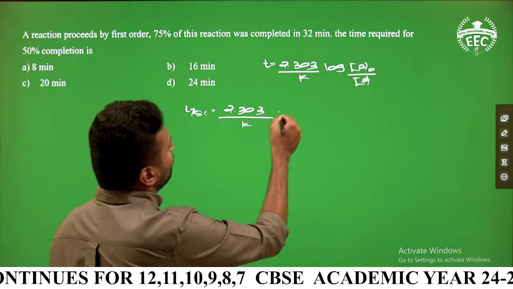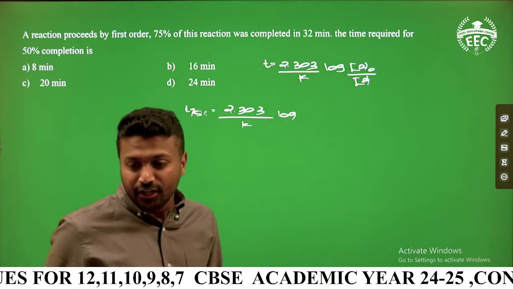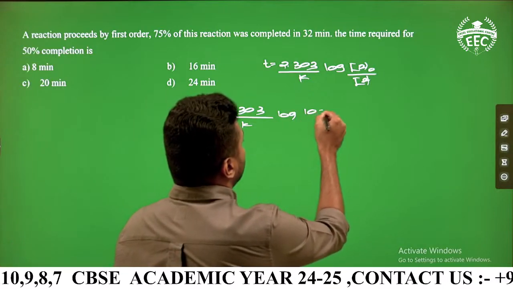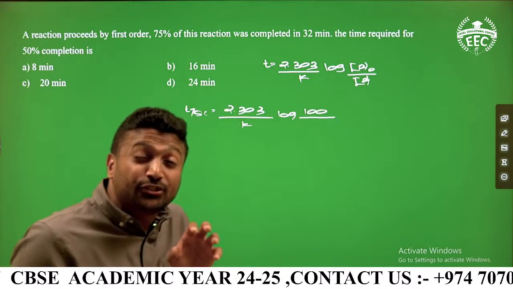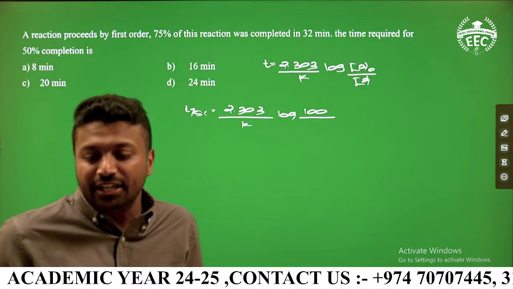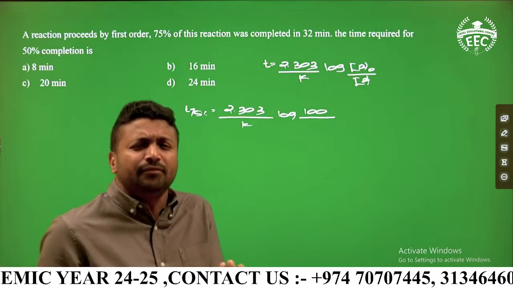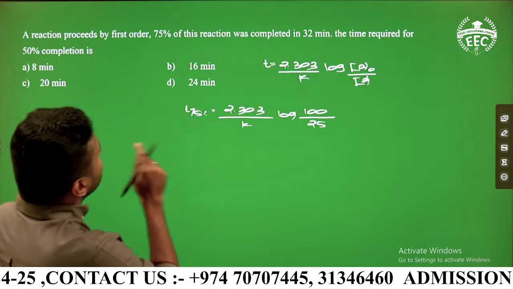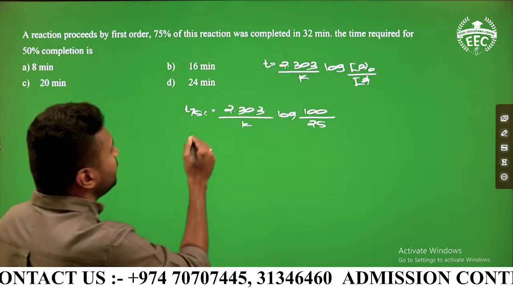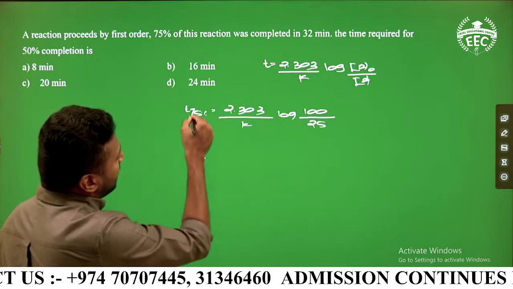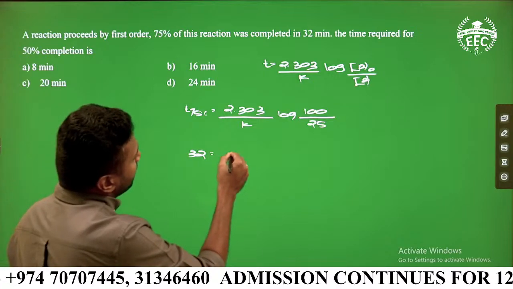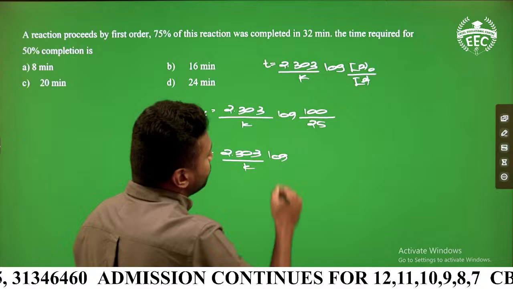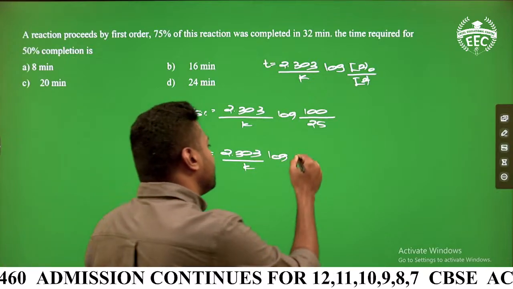Log of R0 by R, it's a percentage question, so R0 will be 100 divided by R. R is the concentration of the remaining reactant. Since 75% is completed, remaining will be 25%, so 100 by 25. Time taken for 75 is 32, so 32 is equal to 2.303 by k log of 100 by 25, which is same as log 4. Okay, keep it over there.